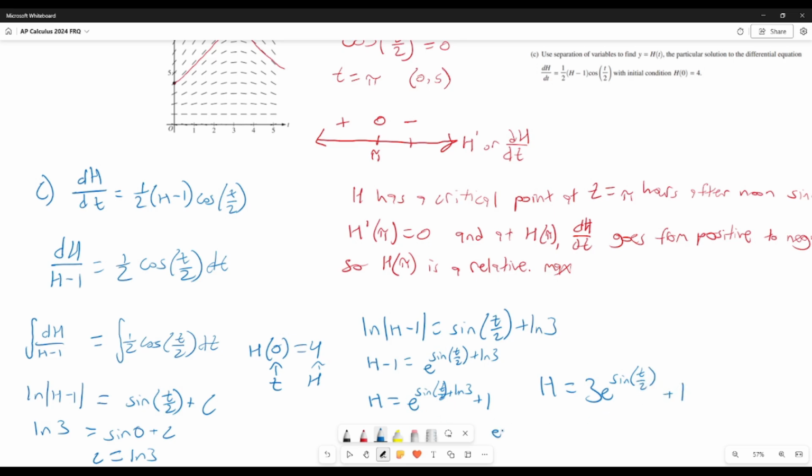Since, of course, we all know e to the sine t over 2 plus natural log 3 is the same as e to the sine t over 2, times e to the natural log 3, and this is of course just 3. So our final most simplified answer is going to be 3 e to the sine t over 2 plus 1, but I believe you could also leave it in this form.